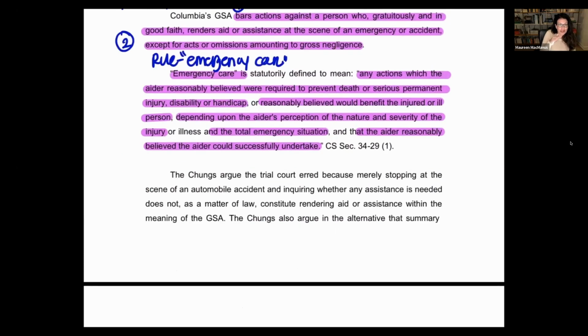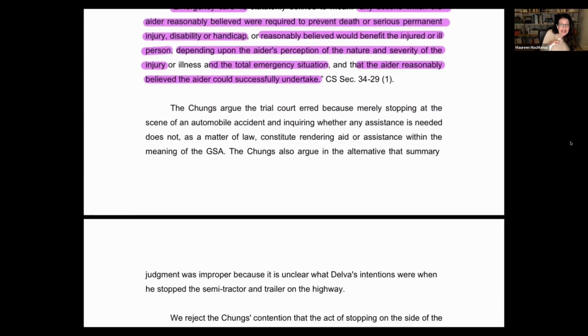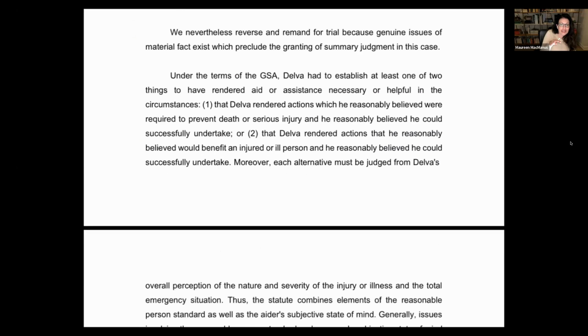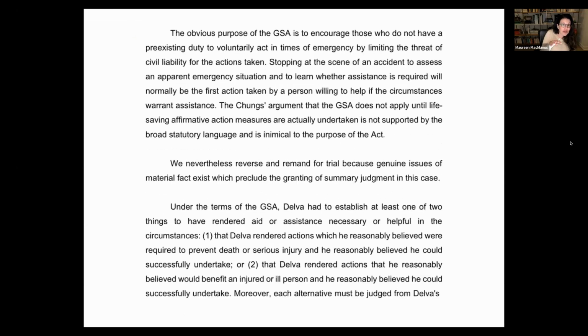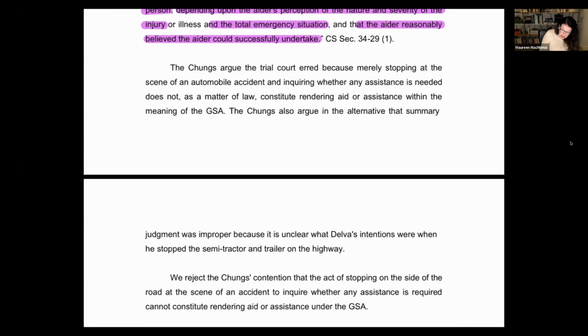Then it gets into discussion of the facts of our case. This is why you do not need to read the facts in the introductory paragraphs, because the important facts will all be in the analysis section. So we're getting into the analysis here, and there's a lot of it. So the Chungs argue the trial court erred because merely stopping at the scene of an automobile accident and inquiring whether any assistance is needed does not, as a matter of law, constitute rendering aid or assistance within the meaning of the GSA.